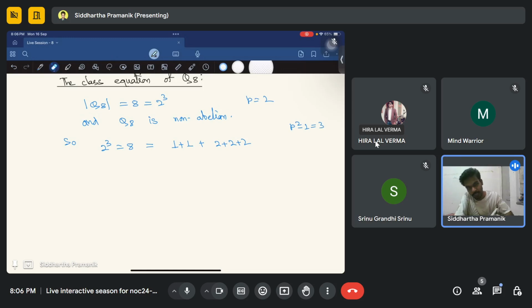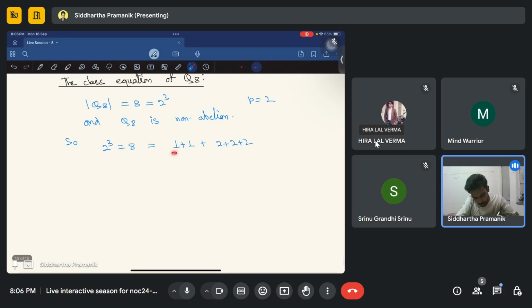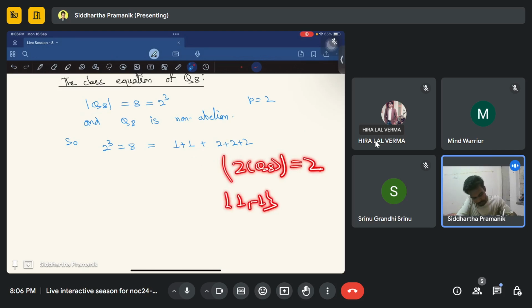So this is the class equation. From this, one more thing you can say: we have only two ones here, so the center of Q8 has cardinality 2. And you can check that 1 and -1 form the center.